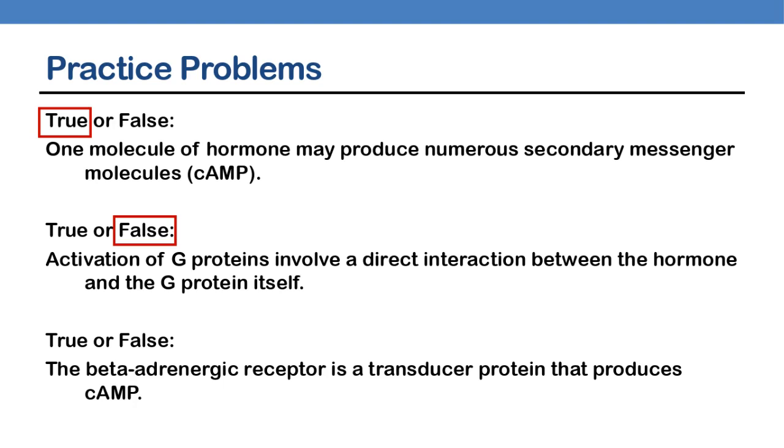So I'm going to maybe rephrase that and say the beta-adrenergic receptor is a transducer protein that directly produces cAMP. I see some people changing their answers after that.